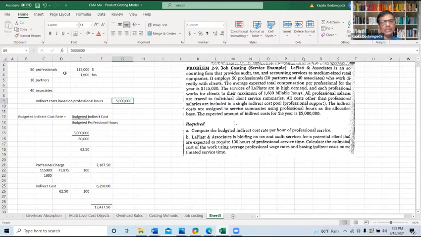Part of this overhead relates to the professionals, maybe a major part, because they have big offices and better furniture and more high-end computers and all these devices and vehicle facilities. So the overhead component relating to the professionals can be very high, whereas the juniors, associates, may be seated in relatively less compact office spaces, and they may be using very basic computers or no computers, no traveling allowances, nothing.